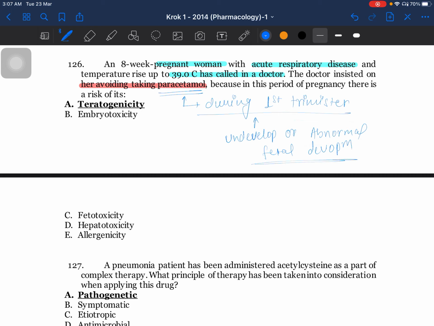Underdeveloped fetal or abnormal fetal development. It occurs due to the taking of certain drugs. It can be paracetamol, it can be doxycycline, or it can be other antibiotics or the broad spectrum antibiotics. These drugs basically can cross the placental membrane and act on the fetus directly.